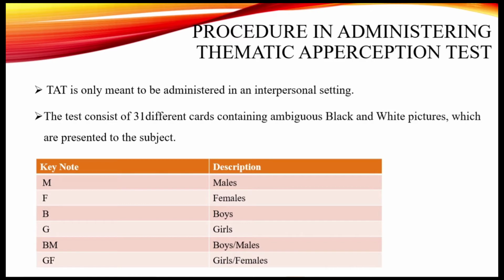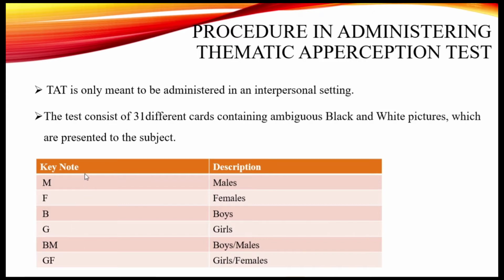The TAT is only meant to be administered in an interpersonal setting. An interpersonal setting is an exchange of information between two or more people. The test consists of 31 different cards containing ambiguous black and white pictures which are presented to the subject. And the keynotes.